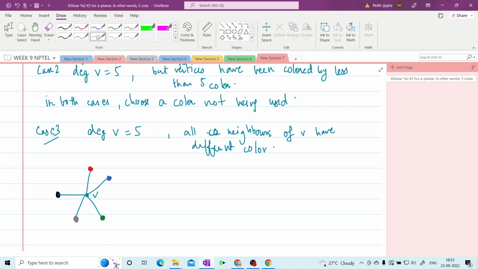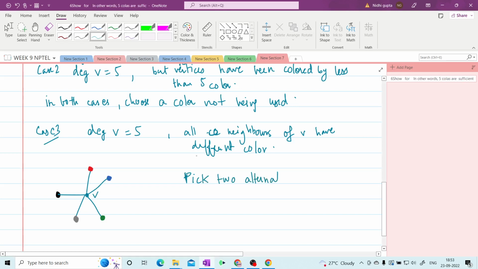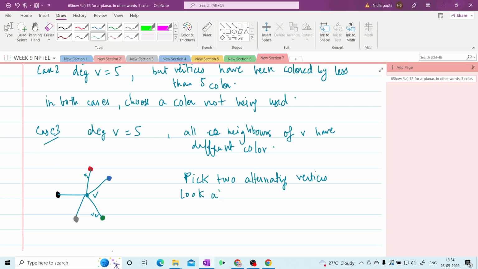So how do we do it? We pick 2 alternating vertices, that is, they have just one vertex in between them. Any 2 vertices, say we pick one with red color and the other vertex with green color.